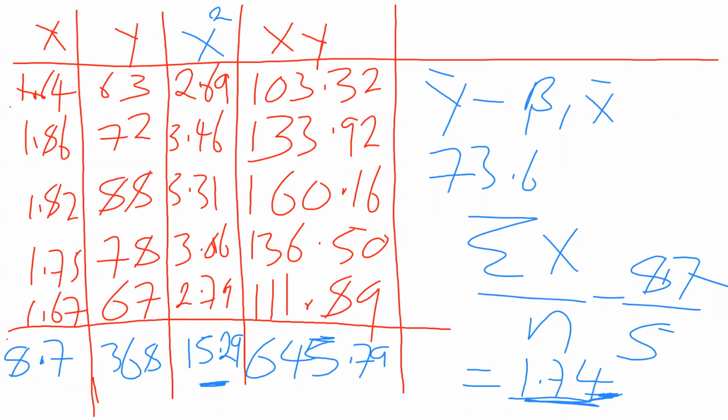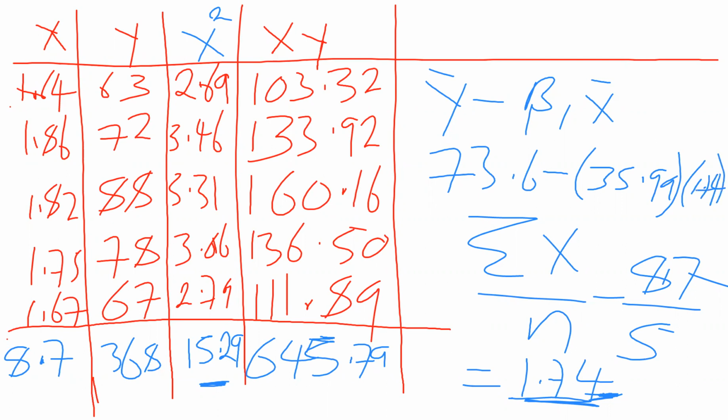So it is 73.6 minus our beta 1. You say this what? 35 point what? 99. 35.99 times the x bar, which is 1.74.